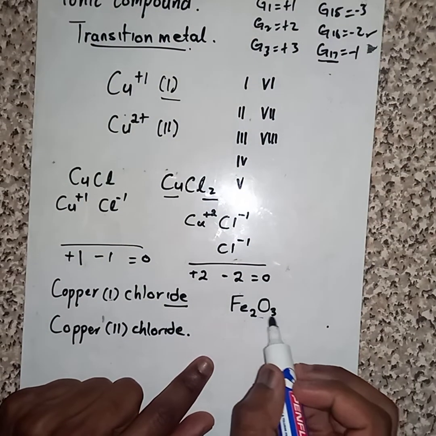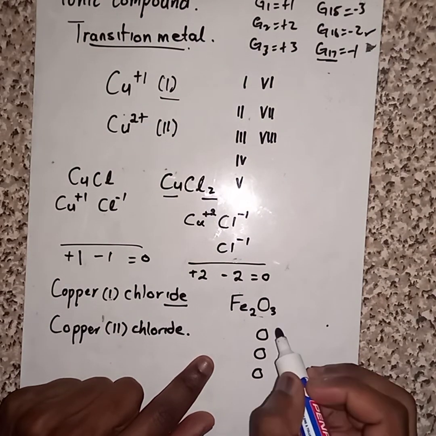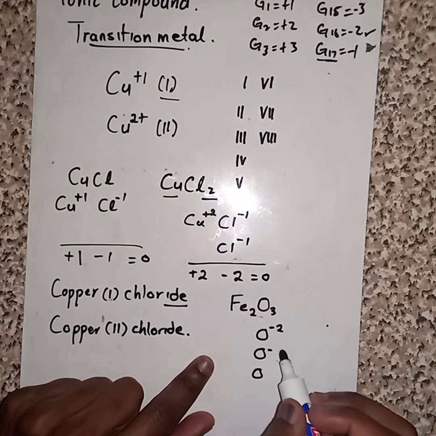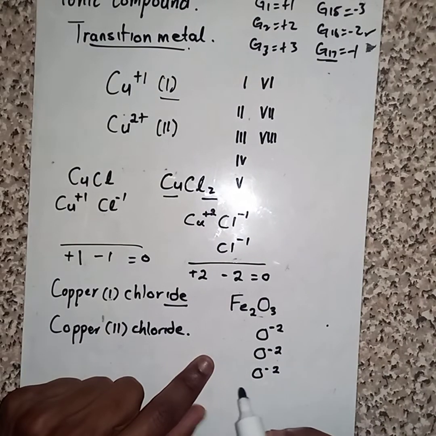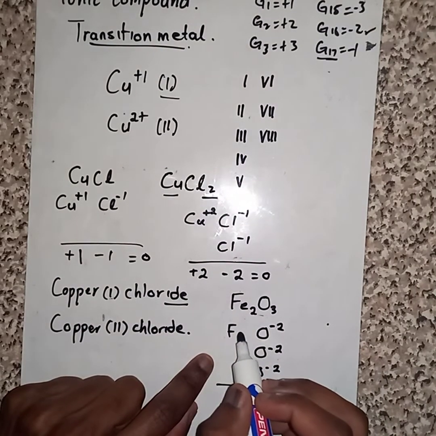How many oxygen do I have? 3 of them. Then you write 1, 2, 3, each going to have -2, -2, -2. The overall is going to be -6. Then how many Fe do I have? I have 2.